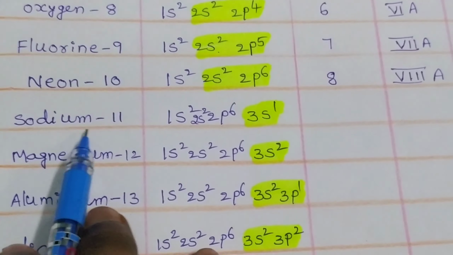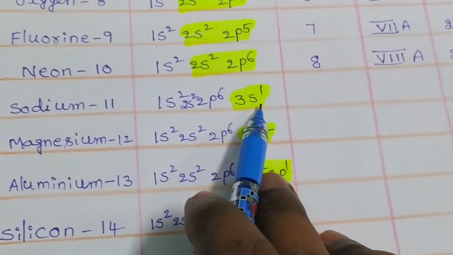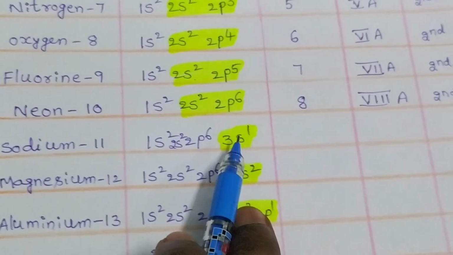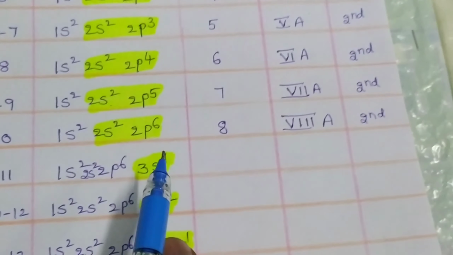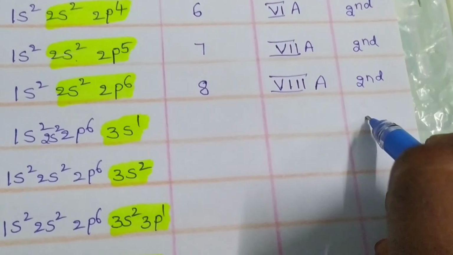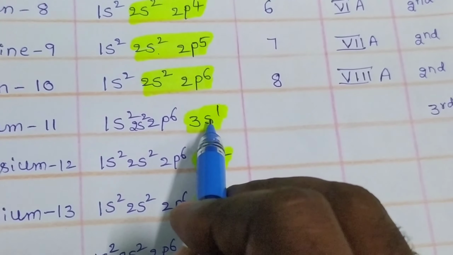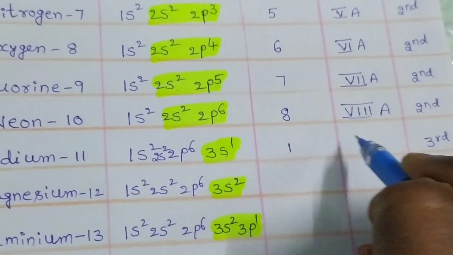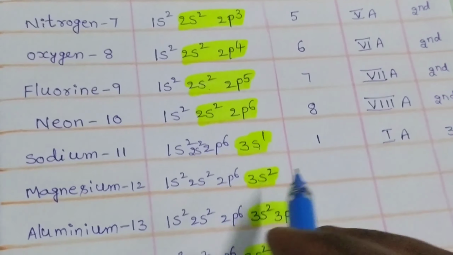Next, sodium. Electronic configuration is 1s2, 2s2, 2p6, 3s1. The outermost orbit for sodium is 3, so sodium is present in third period. It contains only 1 valence electron, so sodium is present in first A group.